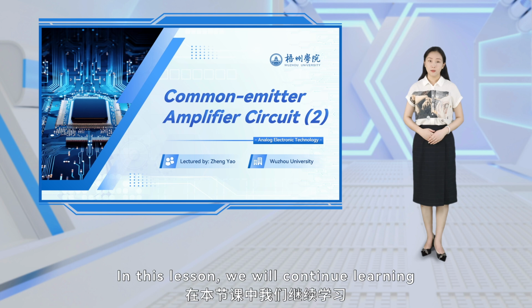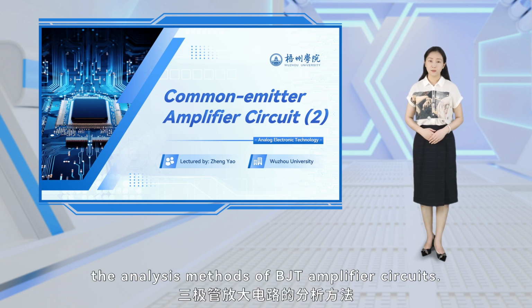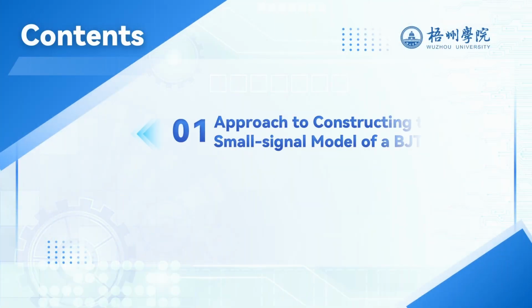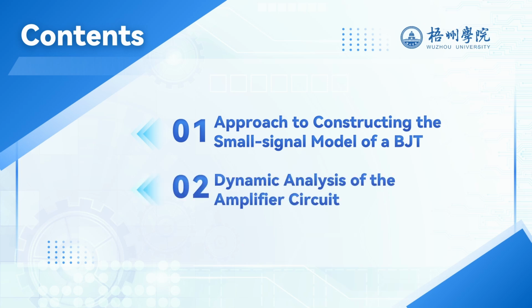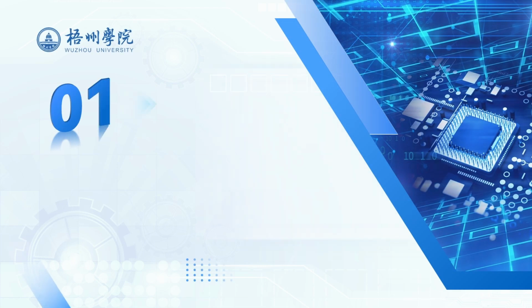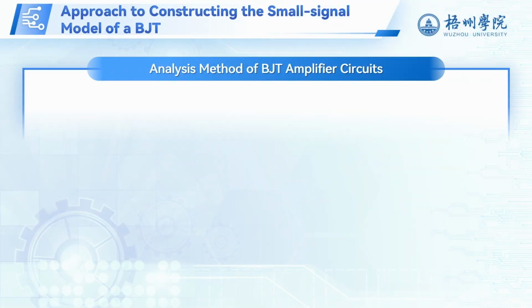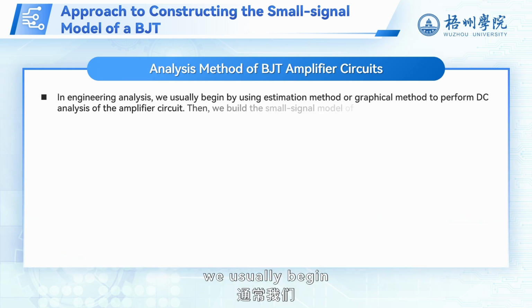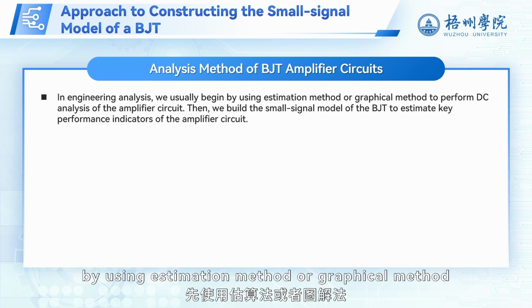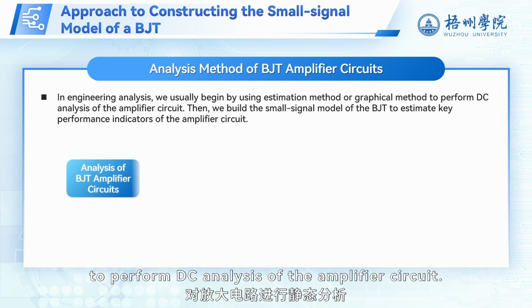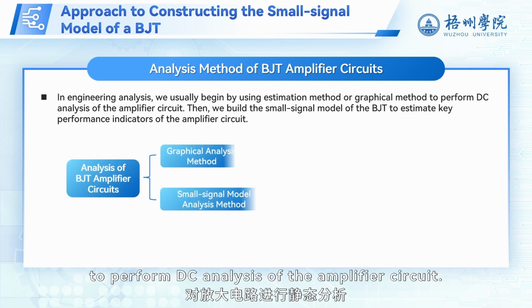In this lesson, we will continue learning the analysis methods of bipolar junction transistor amplifier circuits. In engineering analysis, we usually begin by using estimation method or graphical method to perform DC analysis of the amplifier circuit.